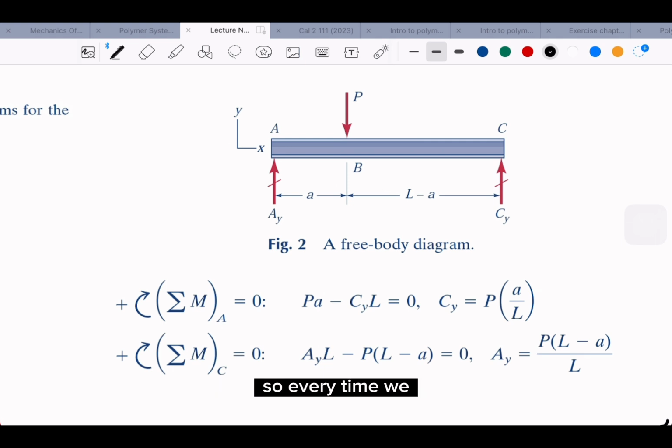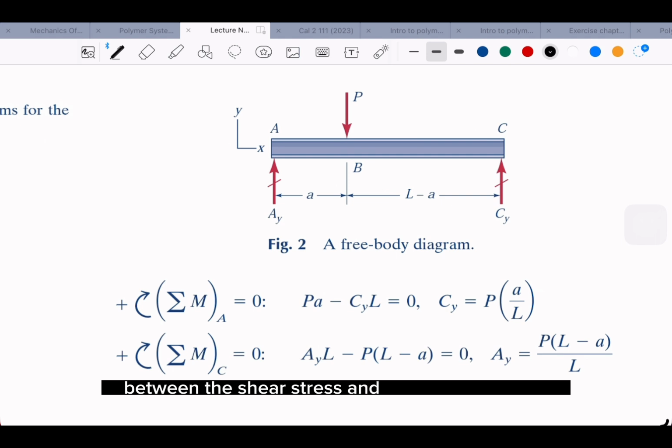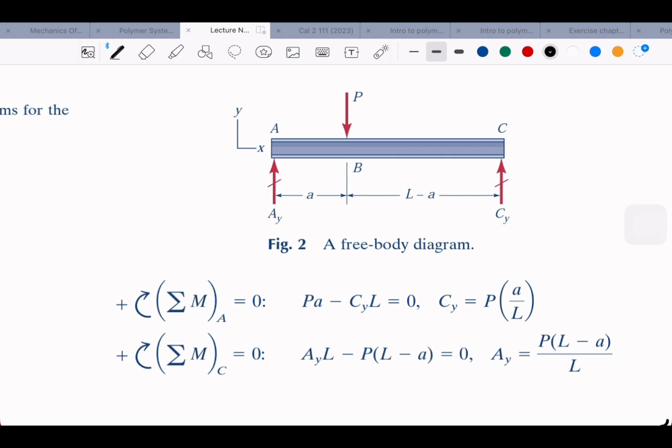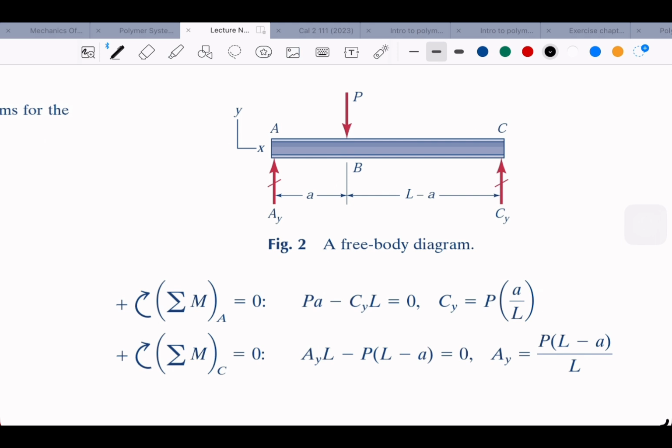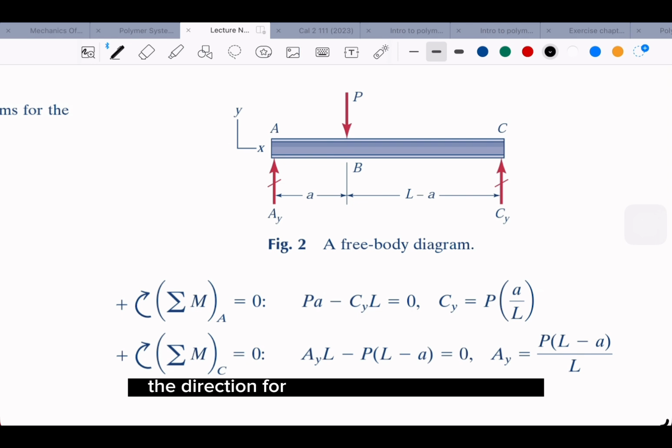Every time we dive into this chapter, we are mostly finding the relation between the shear stress and the moment, right? So usually in the type of problems that might come up for this case, the direction of the force is always transversal. So that's mostly the case here.